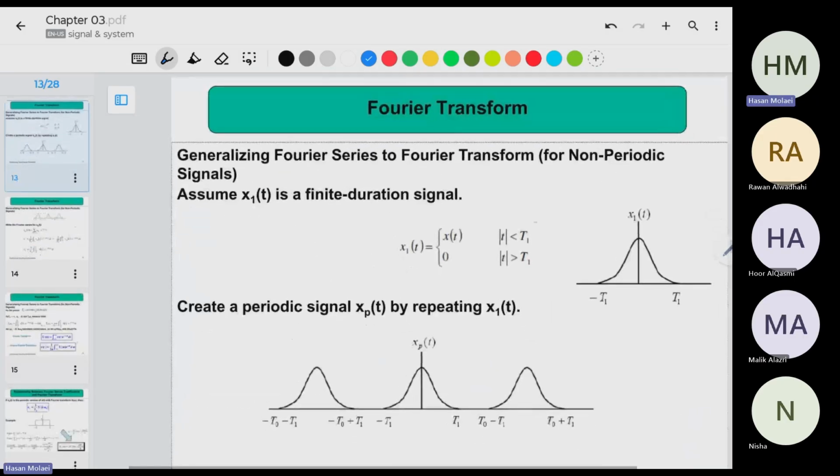Okay, up to now, we could only move signals from the time domain to the frequency domain if they were periodic. What happens if the signal is not periodic?